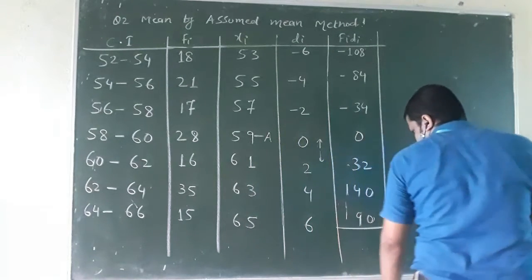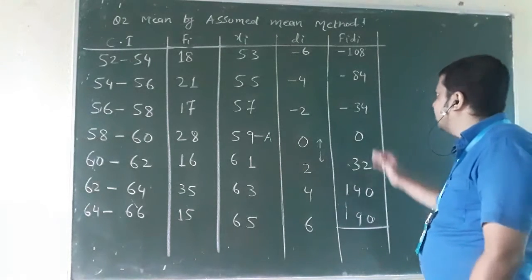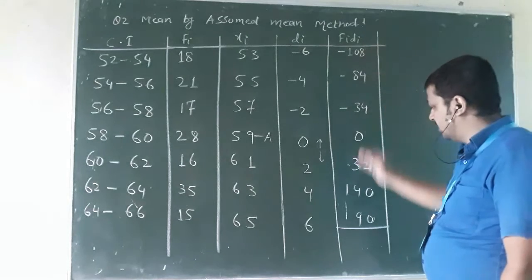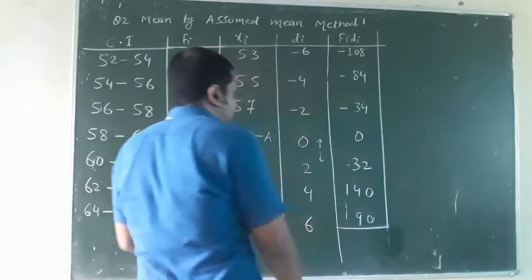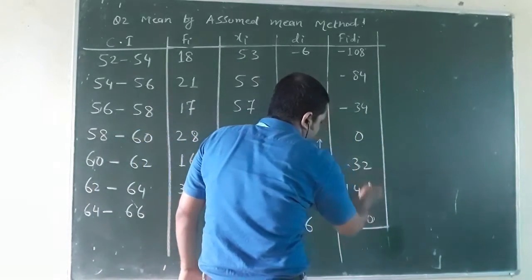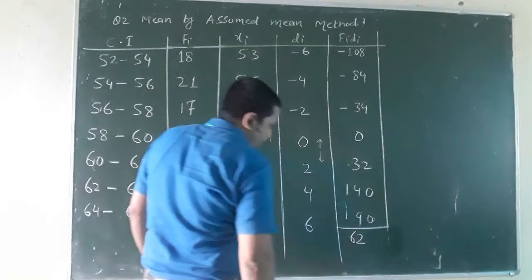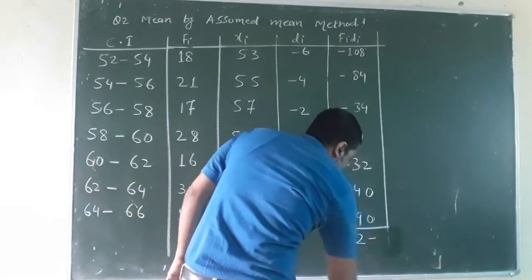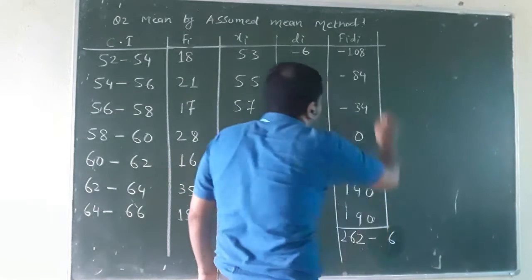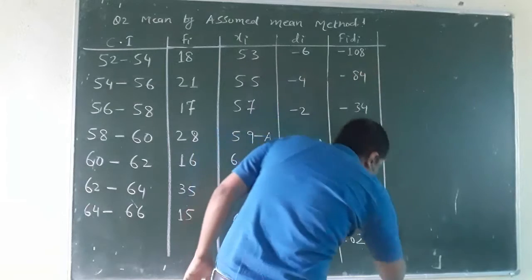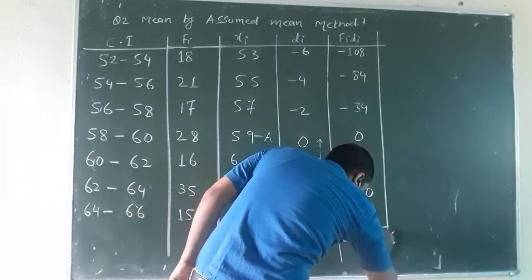So this is the thing. Now add all the positive terms and add all the negative terms on one side, then we will subtract each other and get the final answer. So while adding all positive terms we get 262, and adding all the negative terms we get 226.